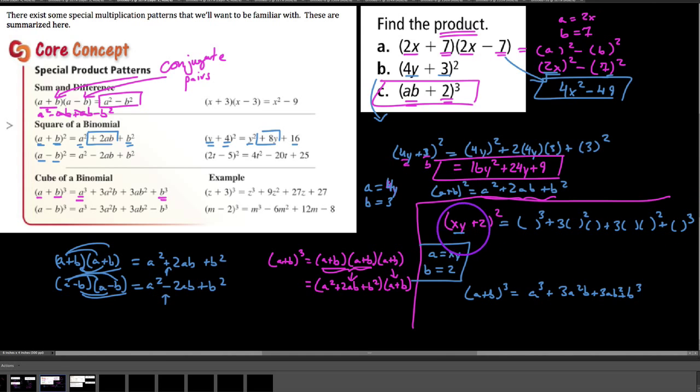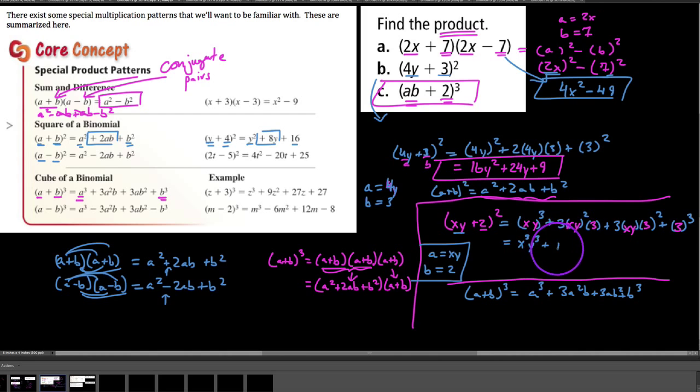And we're just going to put these values in here for a and b. So xy is like our a part, and our b part here is the 3. Now what we get to do is go back and simplify all of this. So xy times itself 3 times, that'd be xy times xy times xy, which would be x cubed y cubed, plus now 3 times xy squared times 3.